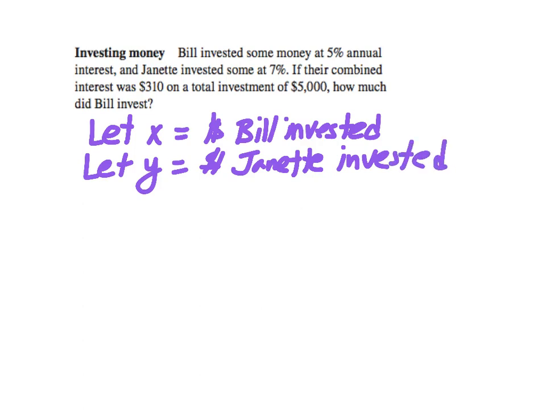Now the first equation is just about their total investment. We know that X plus Y, the amount of money that Bill invested plus the amount of money that Jeanette invested, totals $5,000.